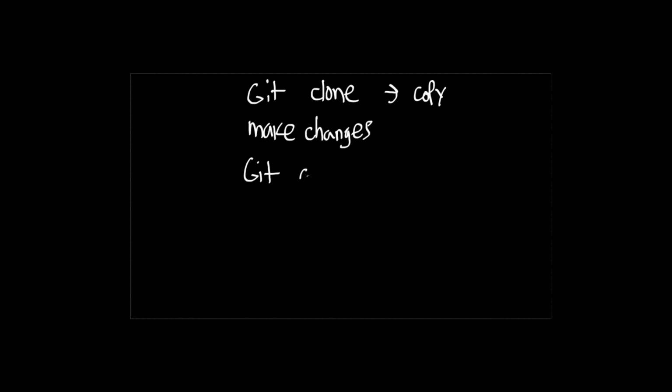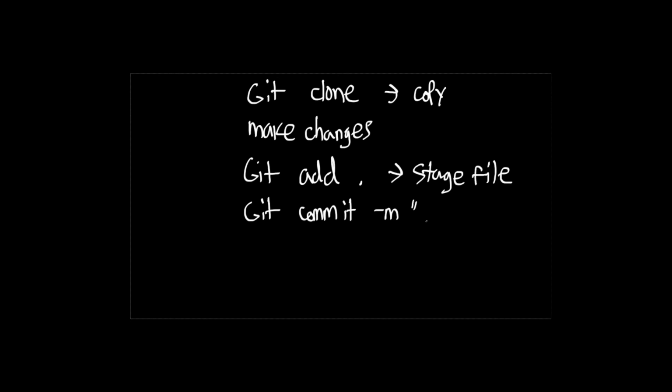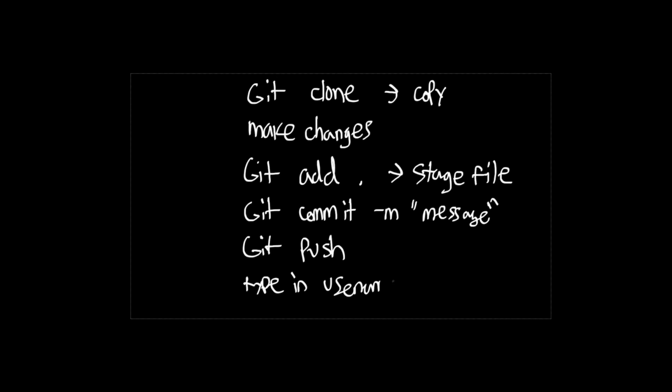Then you have to add those to the stage by saying git add period, which adds everything. Then git commit. Remember to include a message in quotes, your message. And then git push. And then here you'll have to type in your username and password.